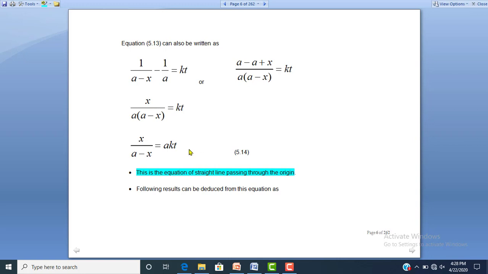We can determine the rate constant of any second order reaction when the initial concentrations of reactants are the same. We just have to put the values of a, the initial concentration, x, the concentration of the product, and t, the time when this product was formed.